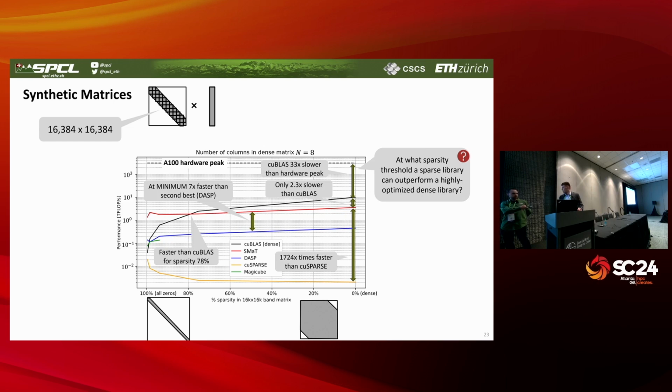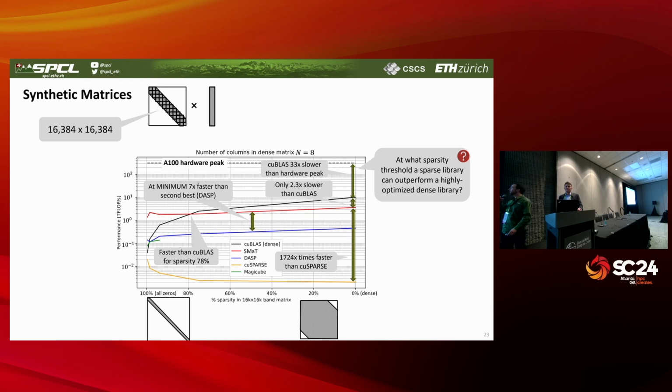You want to answer? Yes, this is an excellent question, and here by performance we actually measure not MNK, the matrix dimensions, but the number of non-zeros. So we are actually not counting the burned flops of zeros in this case.